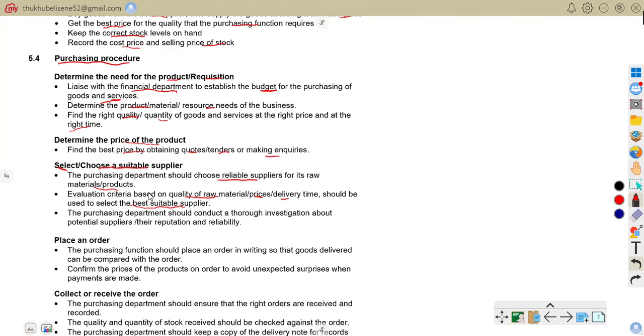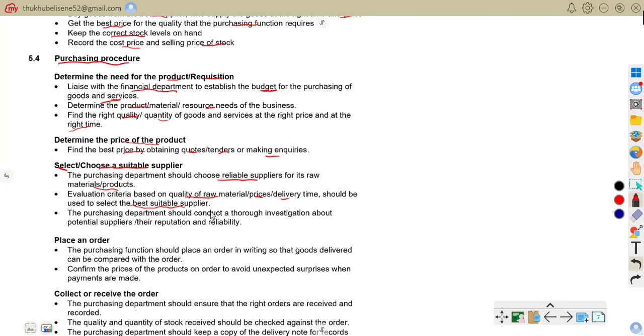So for the purchasing function, they have to go for a criteria of looking for quality raw materials, reasonable price, and making sure that the supplier they're looking for is going to deliver the raw materials on time, so that the production is not going to stop because of the delays caused by the suppliers.